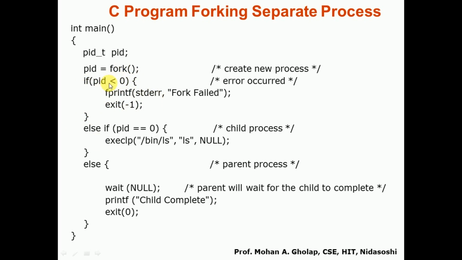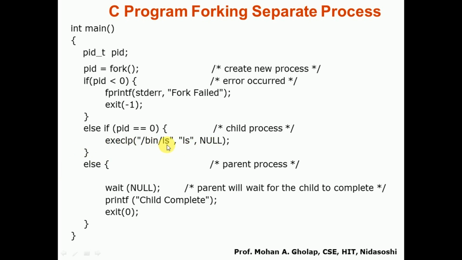If this condition is false, we have else if pid equal to 0. As I told you, pid equal to 0 means it is the child process, and if pid is greater than 0 it is the parent process. So in the child process, you have to call the exec system call. This exec comes with around 6 different variants. Out of that, here we have used execlp. This execlp takes 3 arguments.